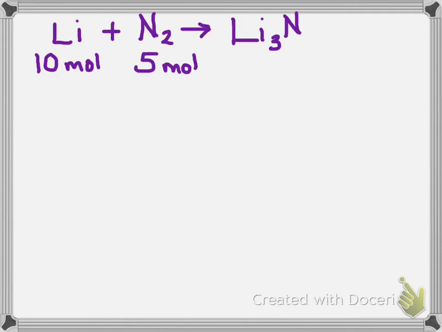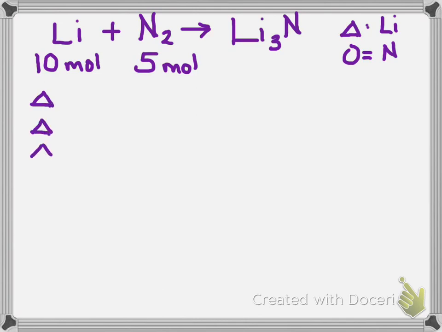Okay, so I'm going to make a little key over here. I'm going to make lithium represented by a triangle, and nitrogen represented by a circle. This says I have 10 moles of lithium, so each triangle is 1 mole of lithium.